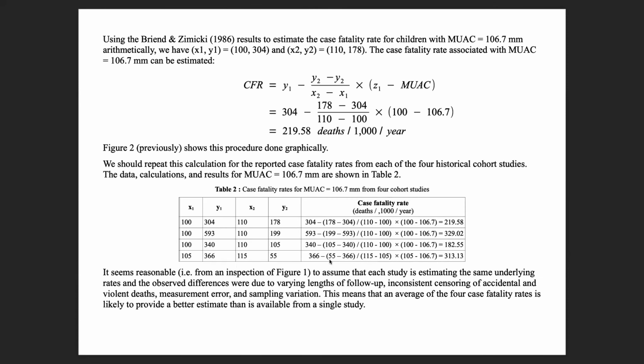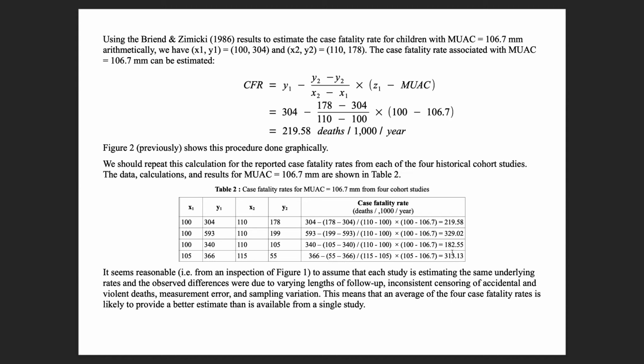Because we've got these 4 studies and we think they are measuring the same thing, we should repeat this calculation for the reported case fatality rates from each of the 4 historical cohort studies. This is what we get from each of those 4 cohorts at 106.7 millimeters. It ranges from roughly 220 to 329, with some in between.